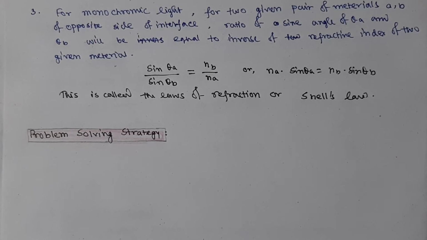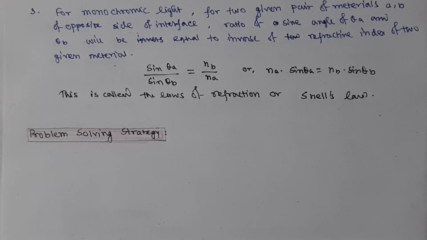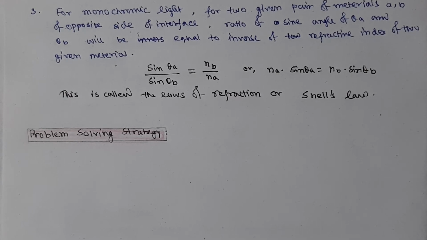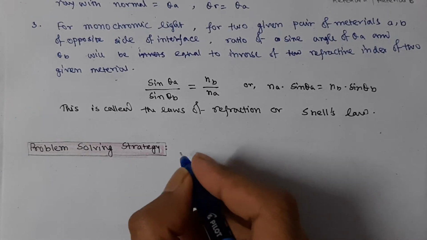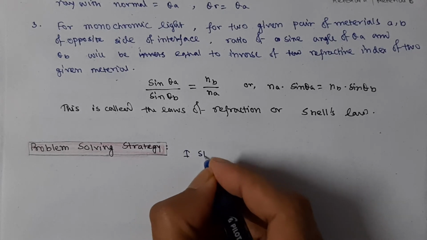Let's learn how to solve a problem with reflection and refraction, which may be asked in an algebraic expression or as a numerical answer. To solve a problem we draw a model called IC.